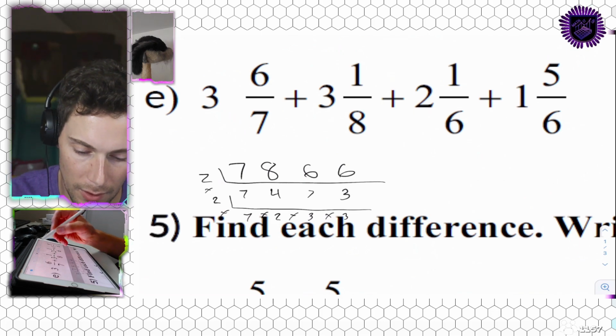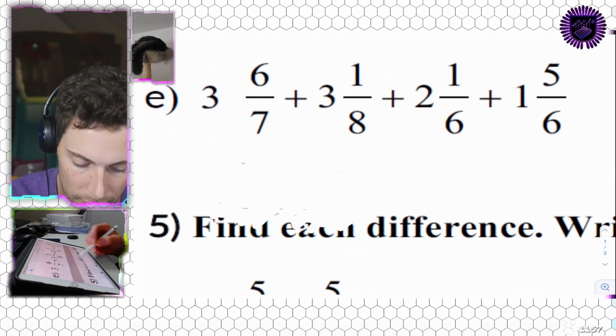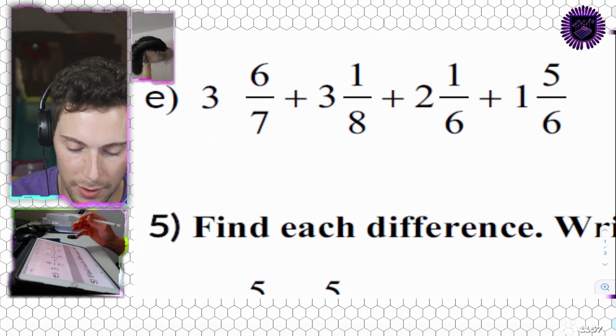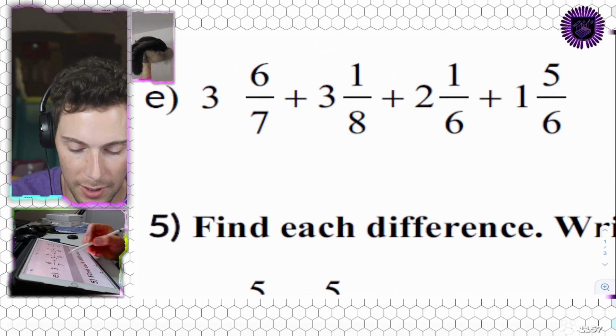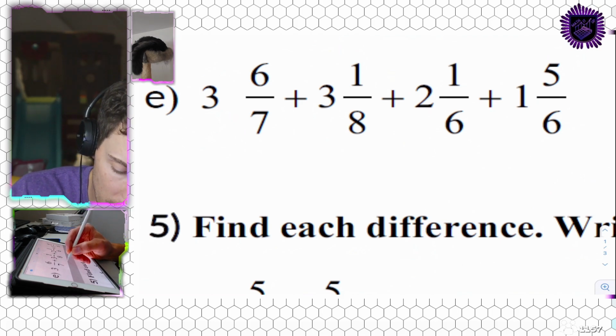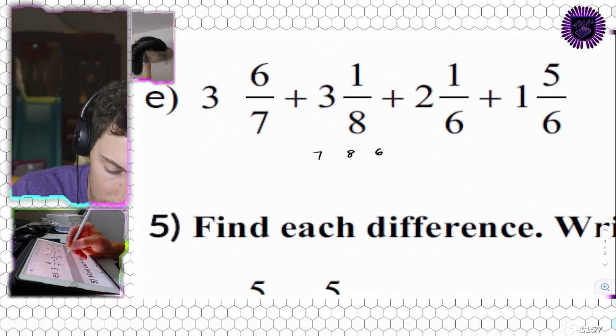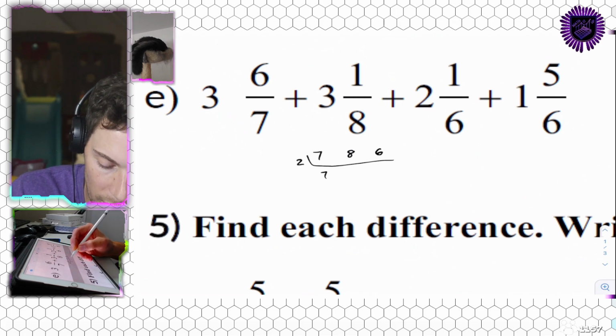All right. I'm going to go through this again here. Okay. Lowest common multiple of 7, 8, 6. 56. 7 times 8 is 56. 6 does not go into 56. All right, so let's do 7, 8, 6. 2 does not go into 7, goes into that 4 times and that 3 times.